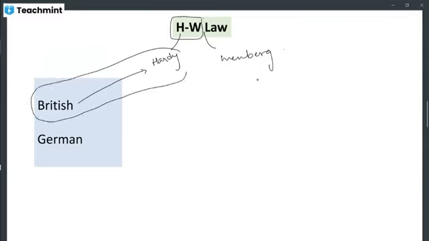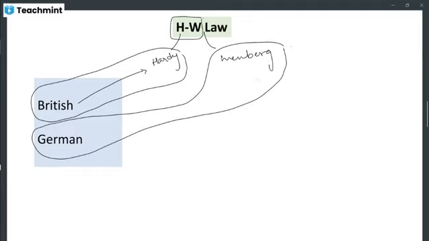Whereas Weinberg was a German physician. So both discovered the law, one in England and the other in Germany, independently, right?